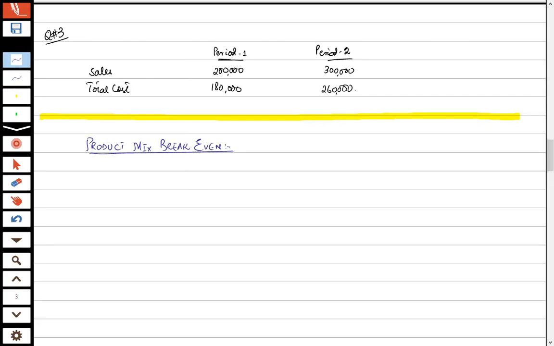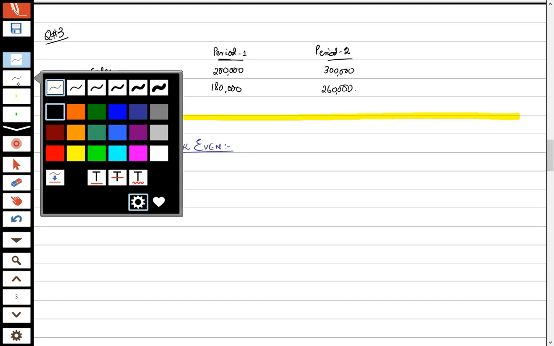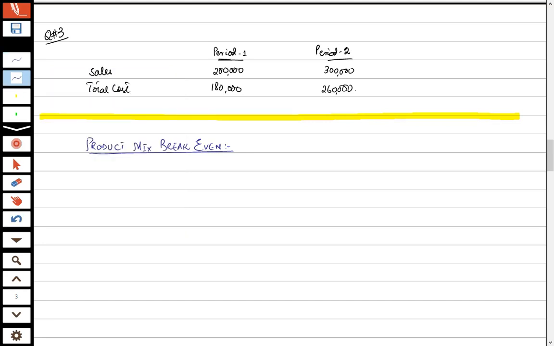Product mix means, let's suppose the company is selling three products, that is A, B, and C. Again, I have discussed this, that let's suppose this product B is not that much profitable or it is loss making. Then the company is dependent on A and C to earn profits.